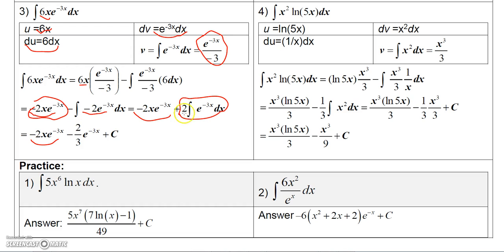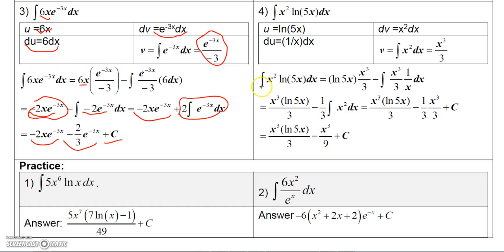Now the 2 came from, remember, I factored the 2 out of the integral, so the 2 is right there. The -3 came from evaluating this integral, and I got the e to the -3x divided by the -3. And so now I have those two terms, and then plus the constant at the end.